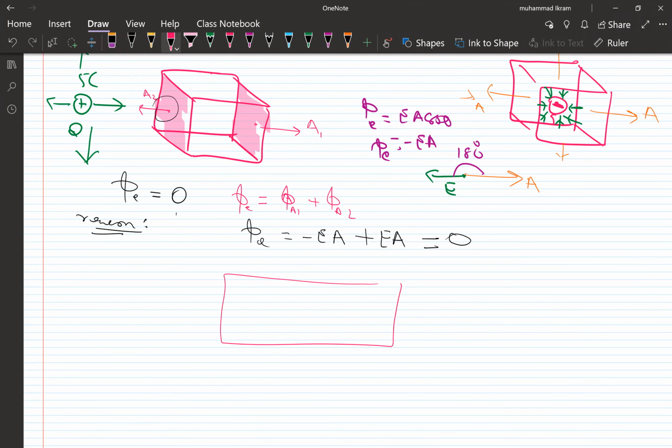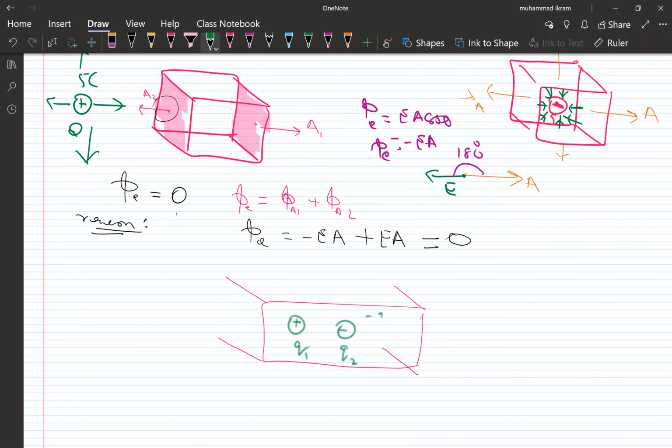Now another special case I would like to tell you. For example, if you have this box, and if this box encloses a positive charge of 1 coulomb, let us say, and a negative charge of 1 coulomb, Q1 and Q2. So this is minus 1 coulomb of charge and this is plus 1 coulomb of charge.